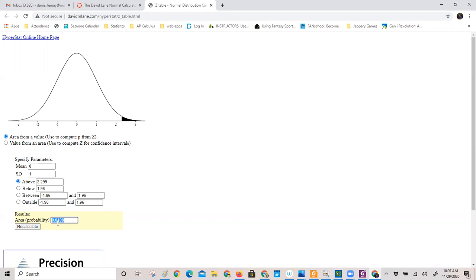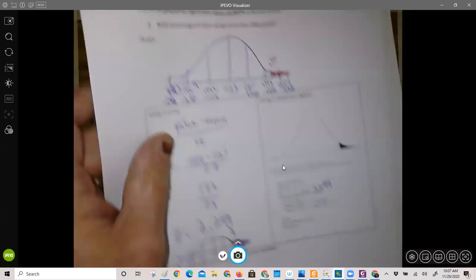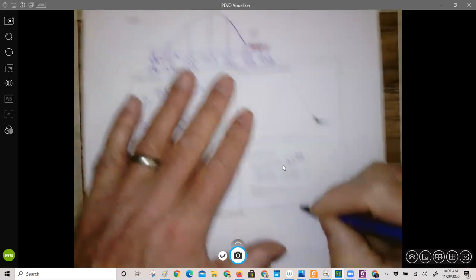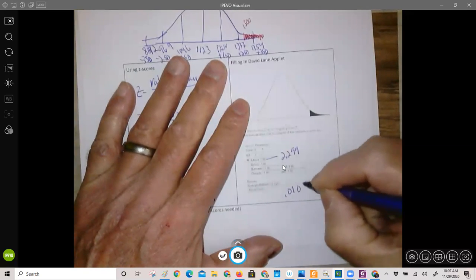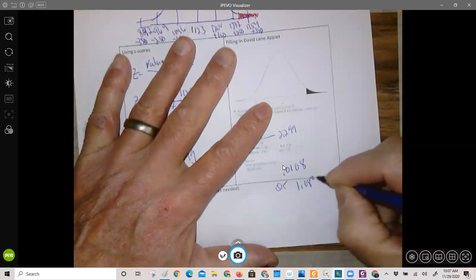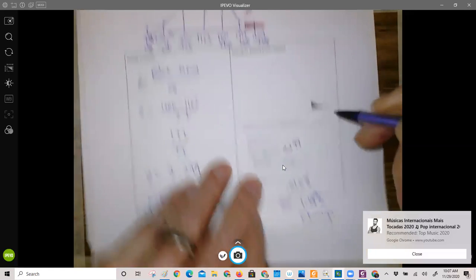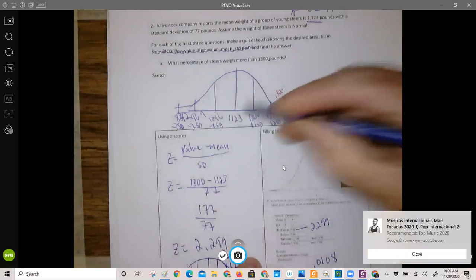You just have to write that down. 0.0108. So 0.0108, or a 1.08% chance of getting a steer that weighs that much, if that's the true mean.